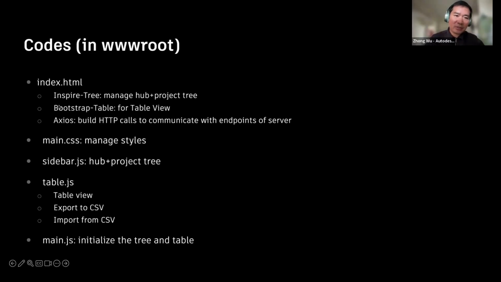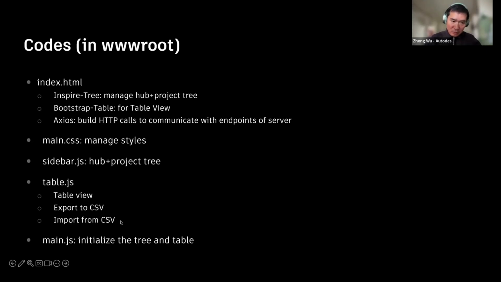Bootstrap table is used to list all the issues, and AJAX is used to build your HTTP request to communicate with your server endpoint. And one main.css file is used to manage your styles, and the sidebar, which is the tree bar, will be used to manage your hubs and project hierarchy.